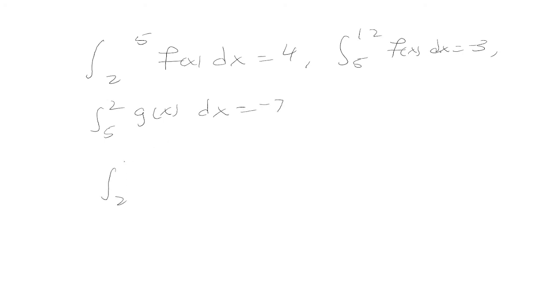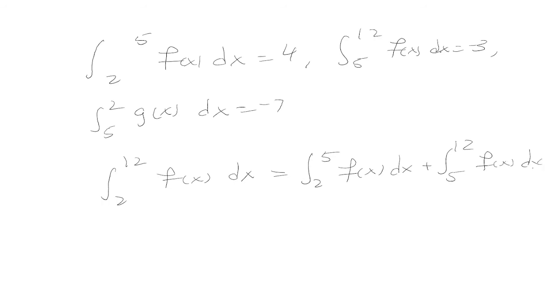We want to evaluate the integral from 2 to 12 of f of x dx. So that's just going to be the integral from 2 to 5 and then 5 to 12. So you just broke this out into two pieces. Now 2 to 5 was given to us as 4. 5 to 12 is negative 3. So that's just 1.